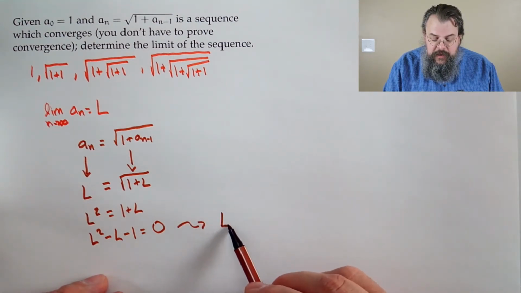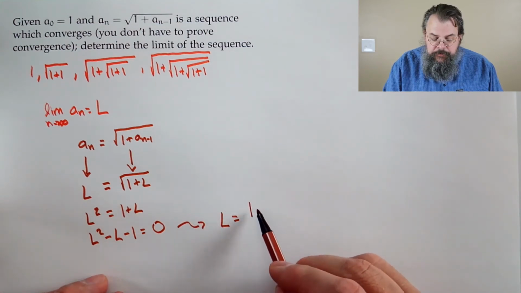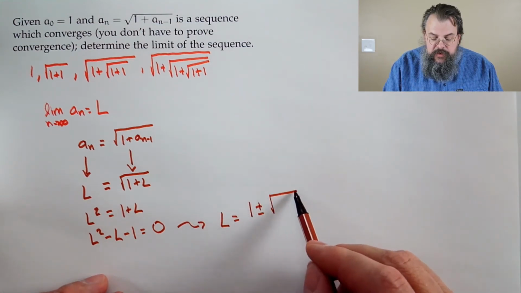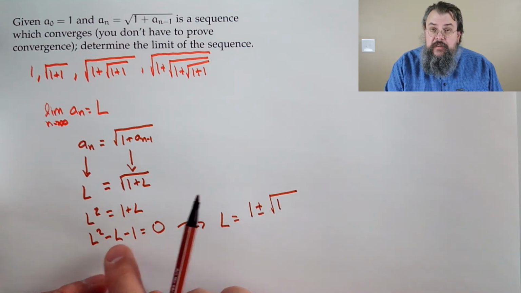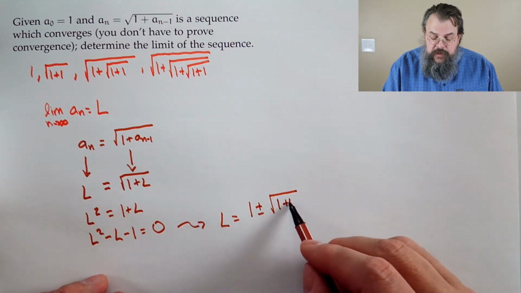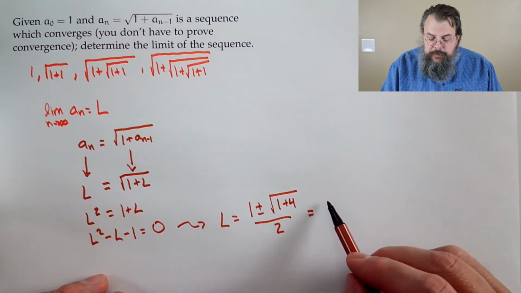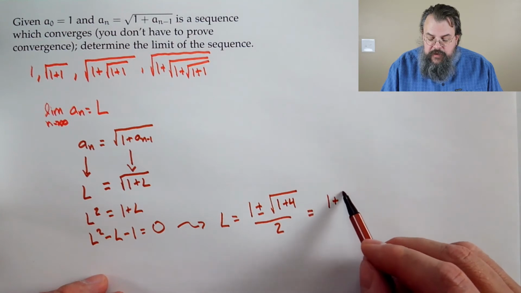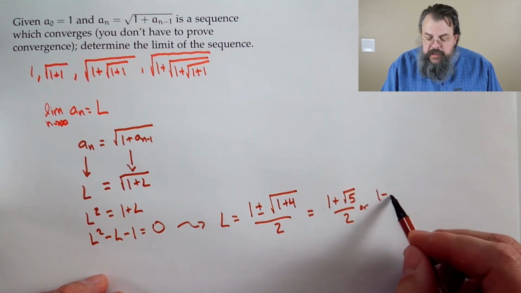So we say, okay, L is minus b, so that's 1, plus or minus the square root, b squared, 1, minus 4ac. So that'll become plus 4, over 2. Now, what do we end up with? Well, two possibilities. 1 plus square root of 5 over 2, or 1 minus square root of 5 over 2.